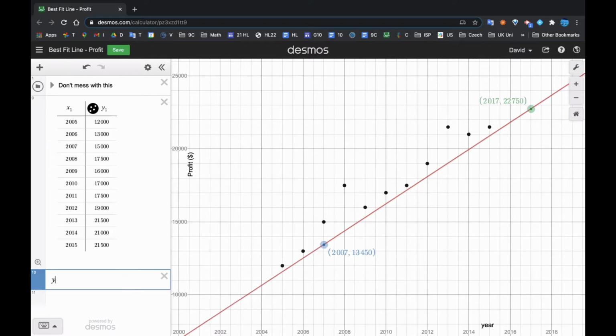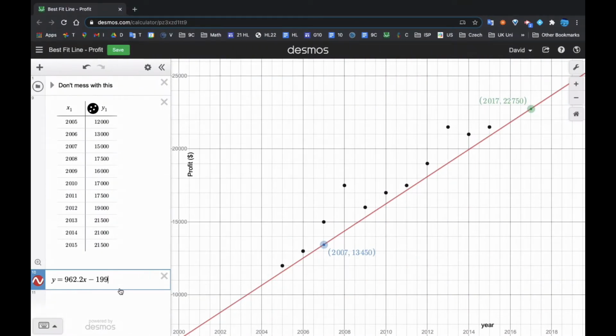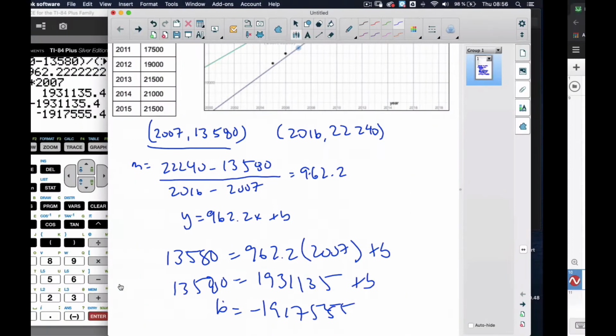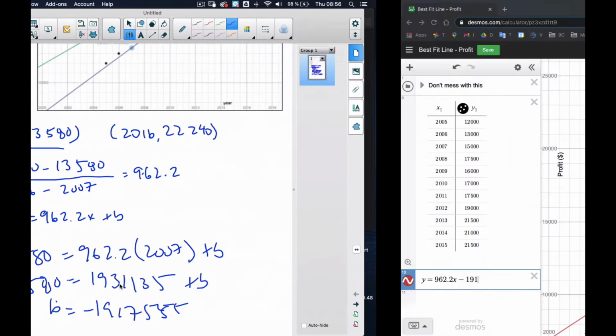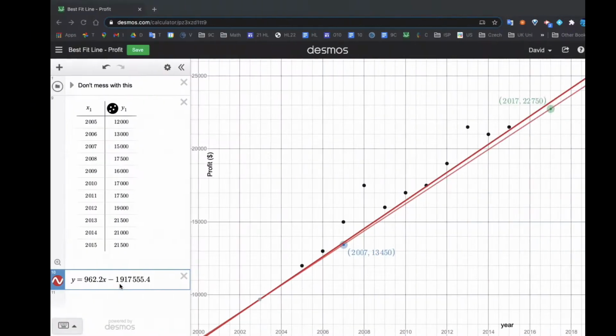So when I go y equals 962.2x minus 1917555.4, it should fit quite nicely.